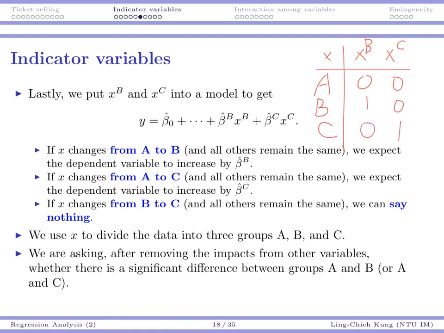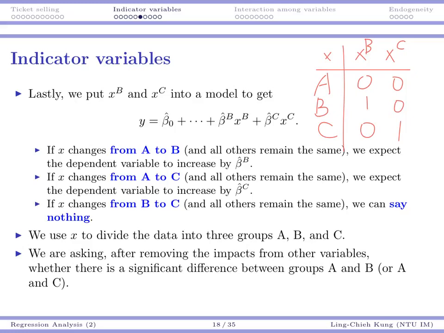So originally we are at 0, 0. And then if xc remains the same but xb goes up by 1, that means we move from A to B, right? We move from A to B. So then the impact is captured by beta hat B. Of course, x may also change from A to C. So in that case, xb remains the same and xc goes up by 1. The impact is measured by beta hat C.